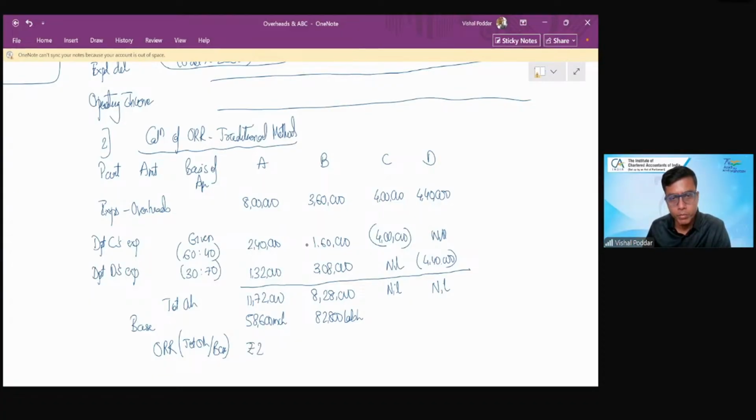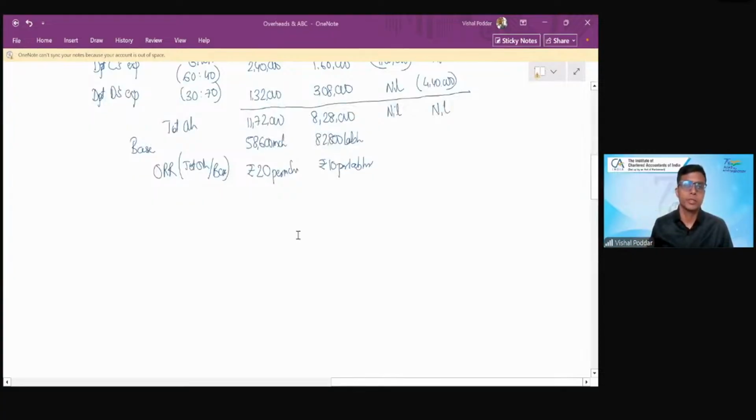I believe it will come to some 20 rupees, if I'm not wrong, per machine hour. This will come to 10 rupees per labor hour. Please confirm, students. Tejaslin has given me some inputs. Okay, good, 2010. Now this is by the traditional method.